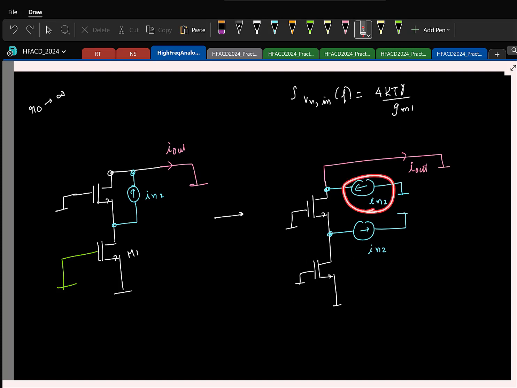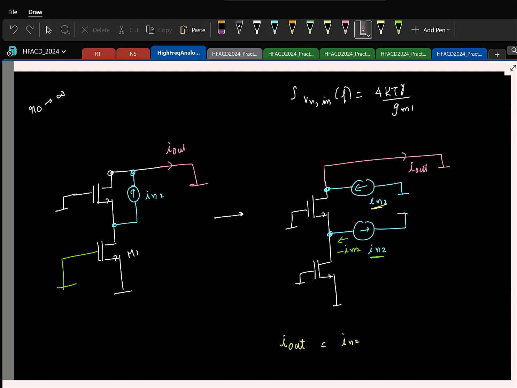So how much of IN2 will flow to I out? The entire thing will flow. So if I write I out, it will be IN2, that is due to this guy. Similarly due to this guy, I'll change the current direction. The current flowing here is minus IN2.